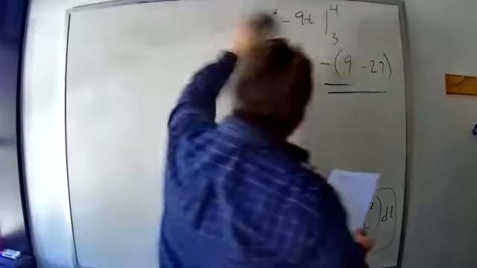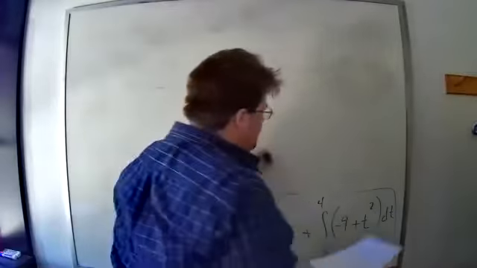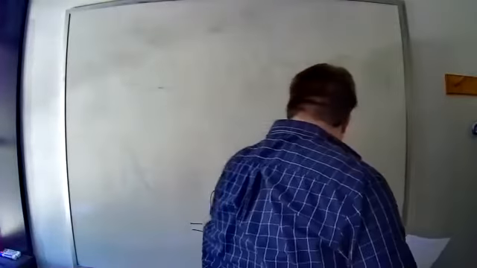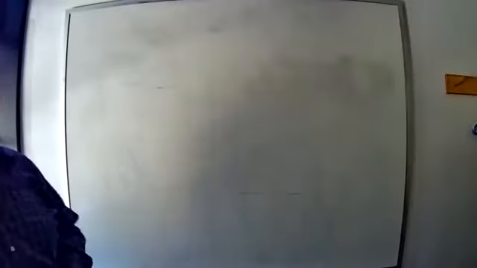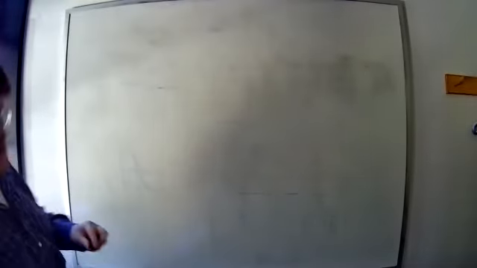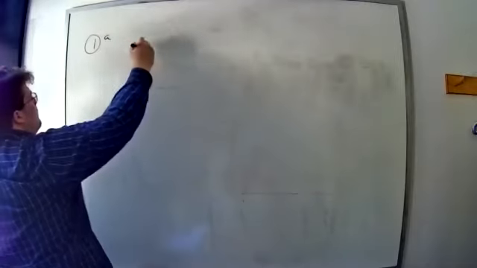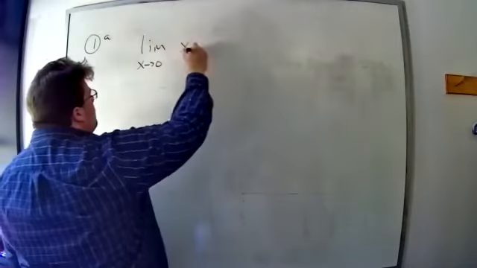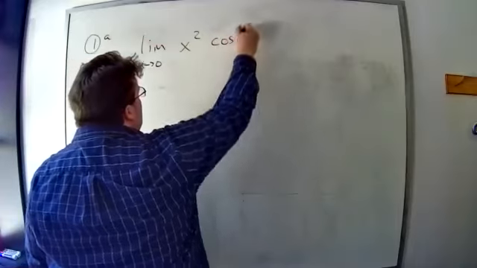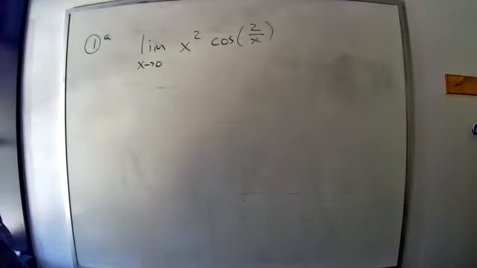So let's start with 1A. So we have here, limit as x goes to 0, x squared cosine 2 over x. Well, as with any limit, the first thing to try is a direct substitution.